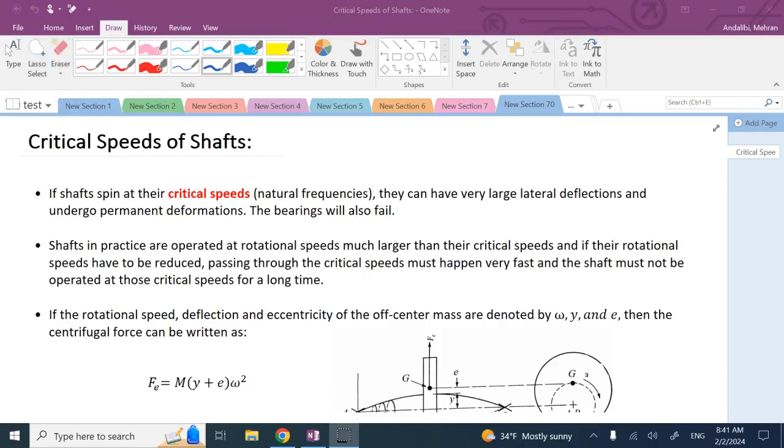Hello everyone. One of the topics in vibrations that is very important is the critical speed of rotation, or RPM, for a shaft.